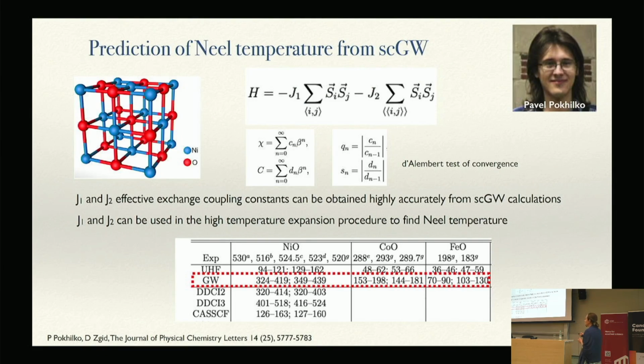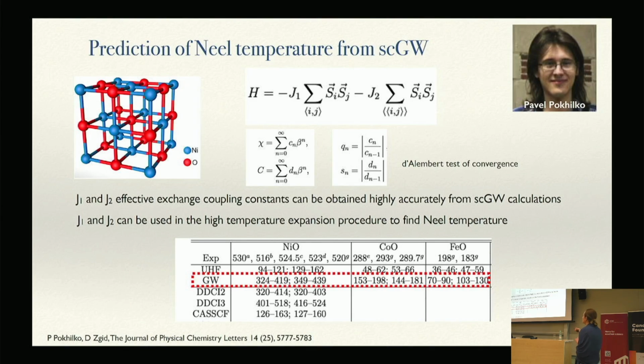So these are a series of nickel oxide, cobalt oxide, and iron oxide Néel temperatures. See, these are experimental temperatures. We actually have high deviations between these experiments, mostly due to impurities. If one does this at the level of DFT, we cite here Hartree-Fock, but DFT looks the same. See, the regular trend is that nickel oxide has a higher Néel temperature than cobalt oxide, and cobalt oxide higher than iron oxide.